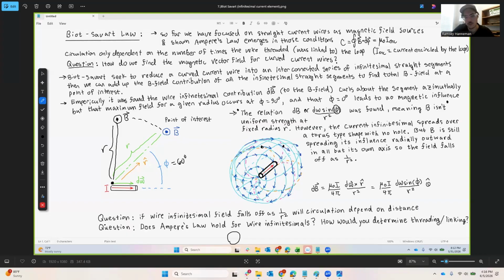And so this is not a nice spherically symmetric field like we're used to with the electric field of a point charge. The field is nicely spherically symmetric. The E field at some given fixed radius away from the point charge is uniform. Not the case with the Biot-Savart wire element because it has some directionality that's intrinsic to it, right?